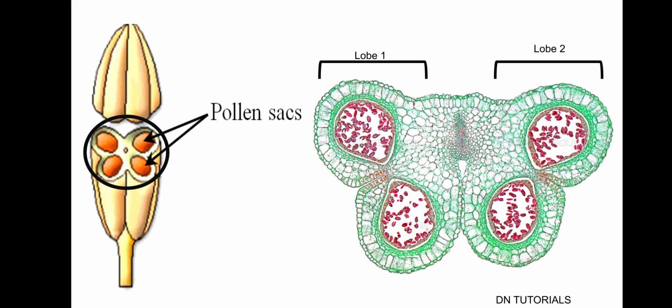And both these theca or lobes are separated by the connective, which is the sterile tissue. Now each lobe will have presence of the microsporangia. One lobe has presence of two microsporangia. So all in all, inside an anther, there are 4 microsporangia. We'll be discussing the structure of anther in detail in the next lecture.